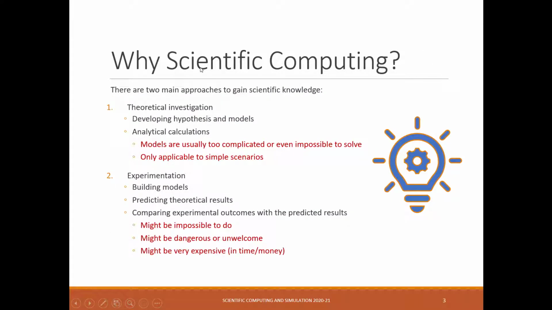You might ask why we need scientific computing. There are two main approaches to gain knowledge in science: the theoretical investigation, like what mathematicians are doing, and experimentation, what is usually taken by engineers. These methods have some drawbacks.